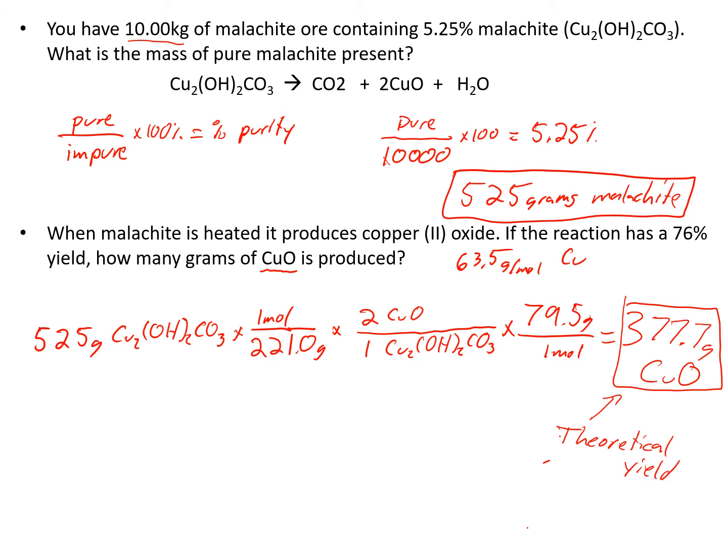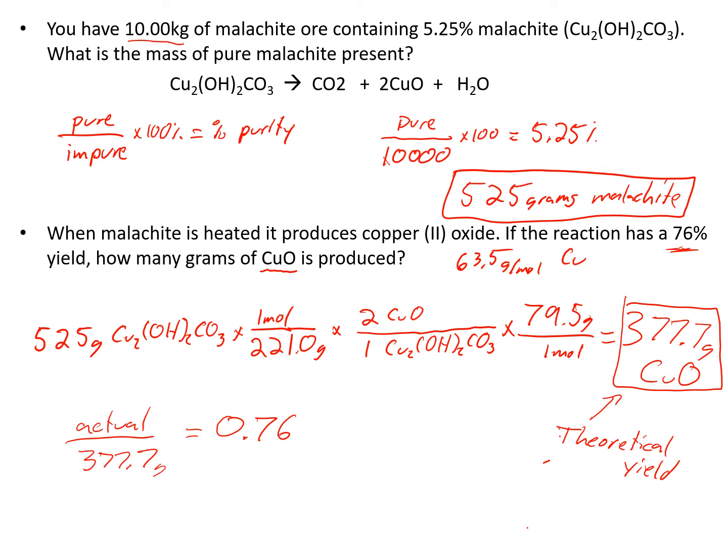But this experiment only gave me a 76% yield. So how many actual grams of copper 2 oxide did I get? Well, the actual yield divided by my theoretical yield, which is 377.7 grams, times 100, but I'm actually not going to do that, equals 76%, or in other words, 0.76.